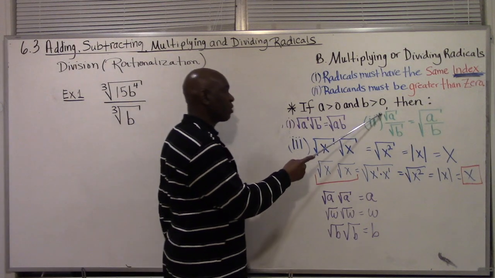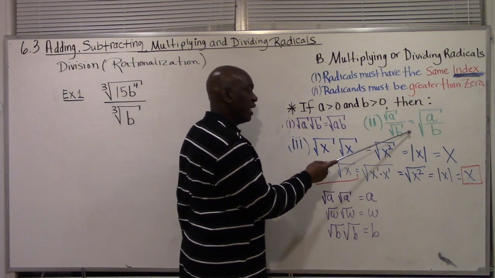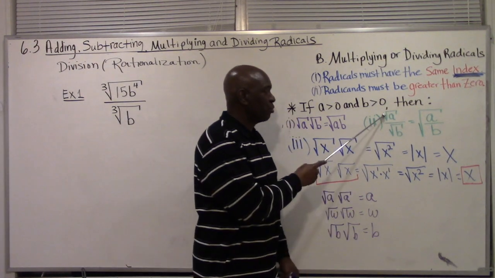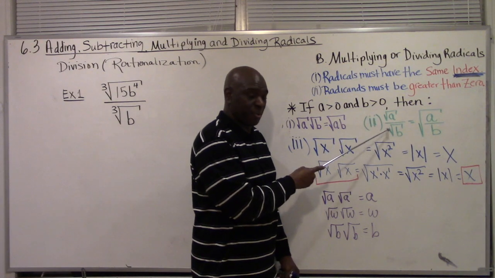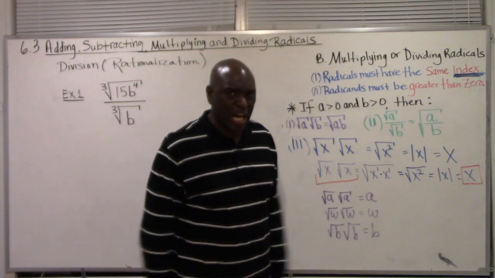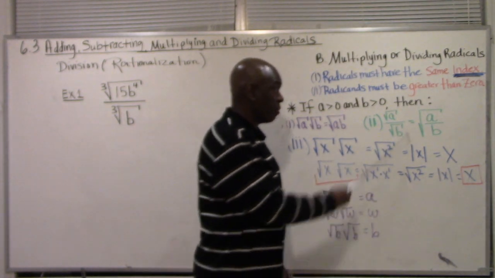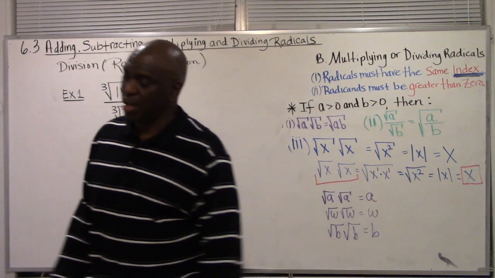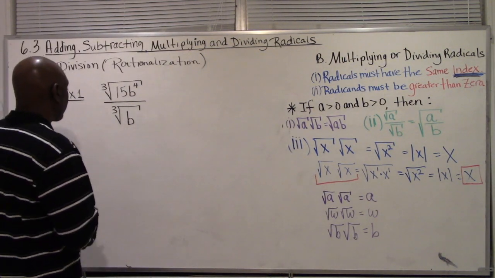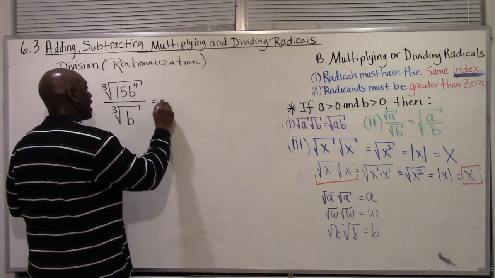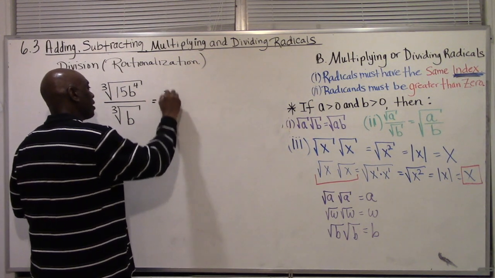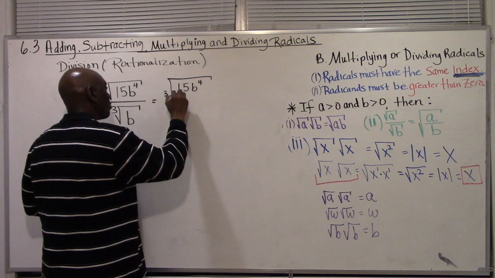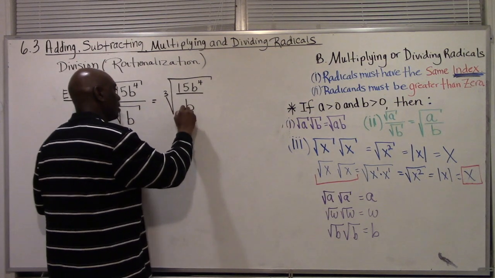The rule says the radical of A divided by the radical of B equals, well, this time you bring A and B together. See, they're under two separate radicals. A has a house, B has a house. Well, they've been checking each other out. Put them in the same house. So now it's the radical of A divided by B. Alright, let's do that. So this equals one big happy home. The cube root of one big happy house. Alright, 15 b to the 4th all over b.